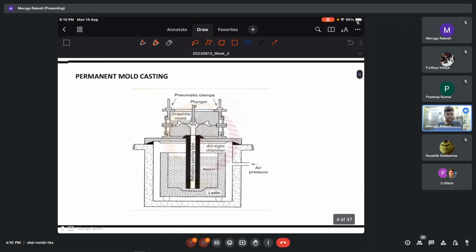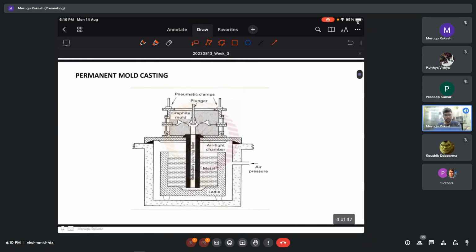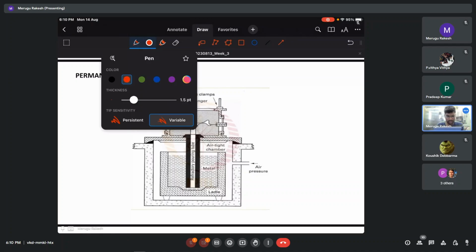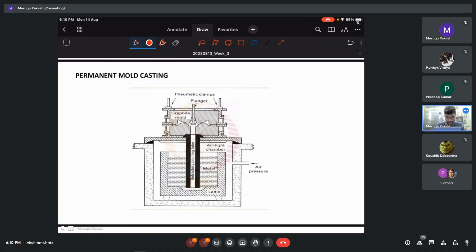So let us see permanent mold casting. As I discussed, it is made of some metal. Here, it is made of graphite. You see this graphite mold here, and this is the part that we are going to cast. Basically, what we do is we have an airtight chamber in which we maintain some air pressure. Then we have a plunger.